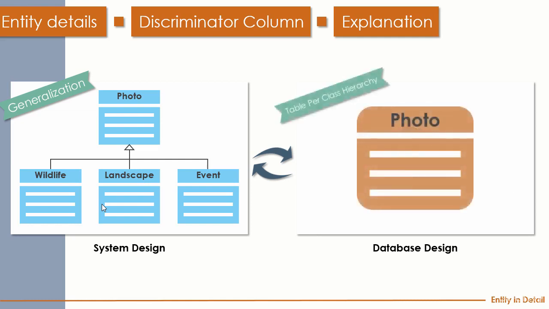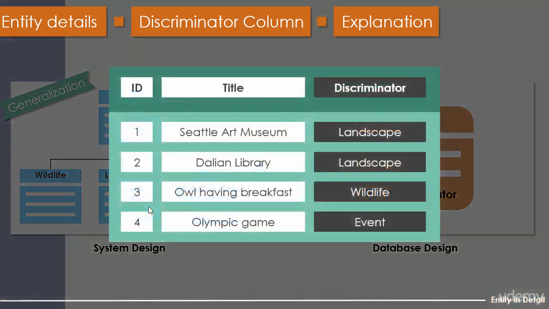To solve this problem, we can put all these classes into a single table called photo. So it includes all the attributes in different subclasses. And how to distinguish which object in your memory this row corresponds to? We need a discriminator column. So the idea is something like that. When you save in the database, you have the art museum, then it is a landscape.